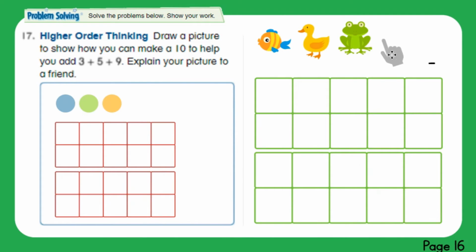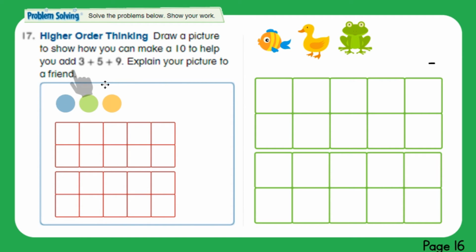Now here we are at the next word problem. Word problems are fun to solve. All we need to do is read the question very properly, to understand what they're asking us. So let's start. Draw a picture to show how you can make a 10 to help you add 3 plus 5 plus 9.